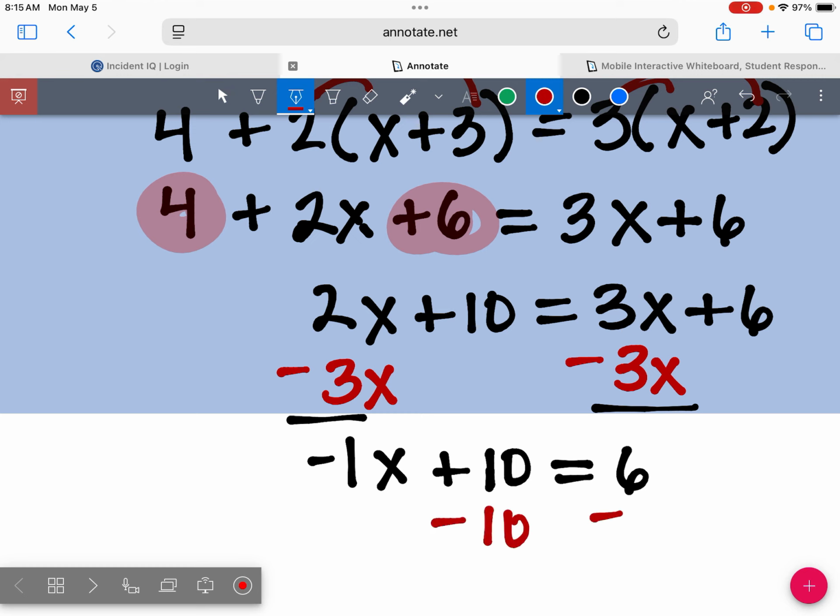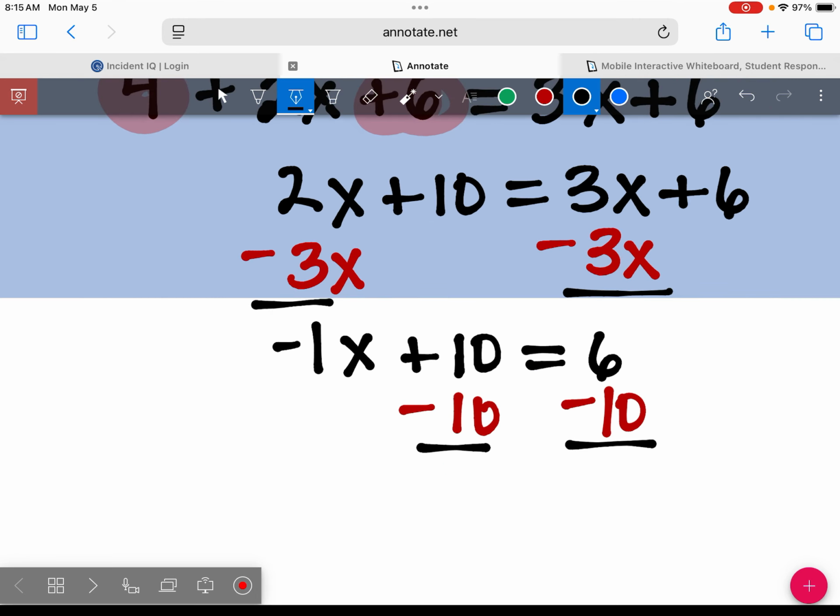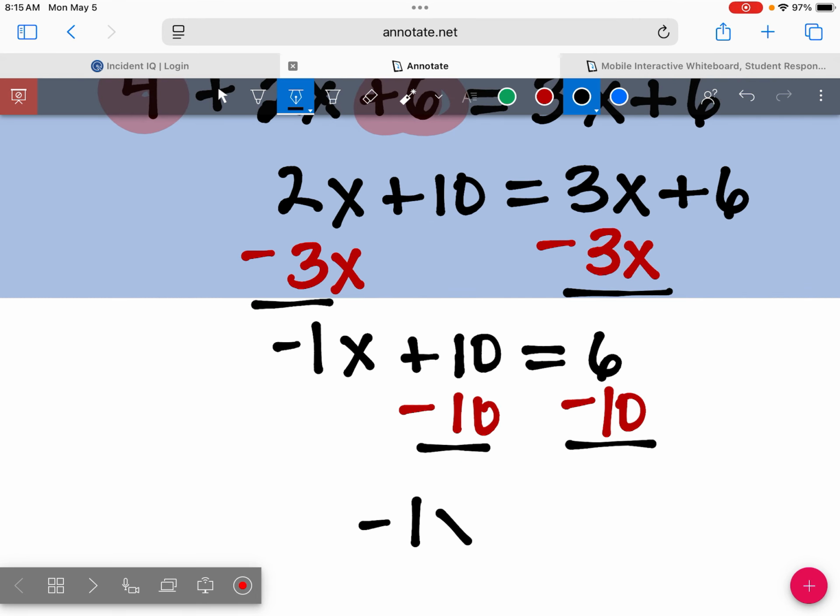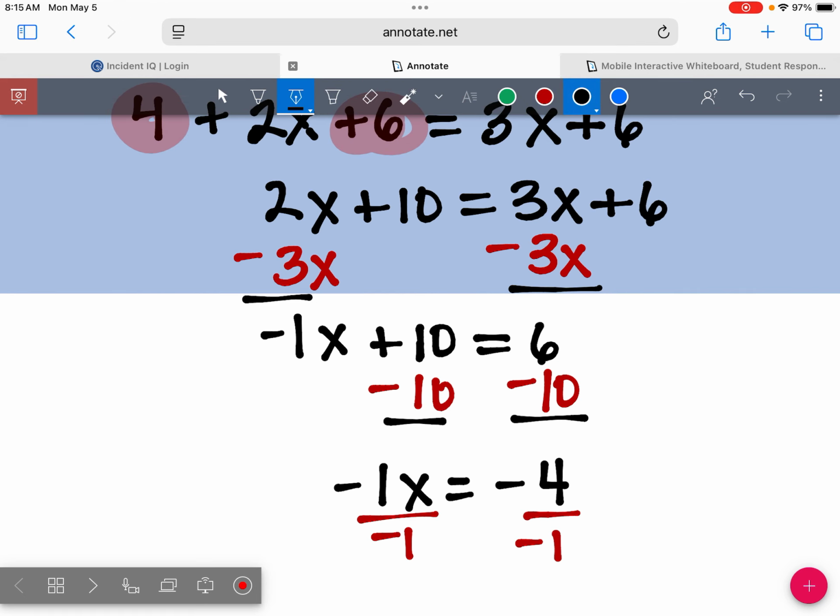Subtract 10 from both sides. And that would be negative 1x equals negative 4. And then lastly, go ahead and divide by negative 1. And negative 4 divided by negative 1 is positive 4.